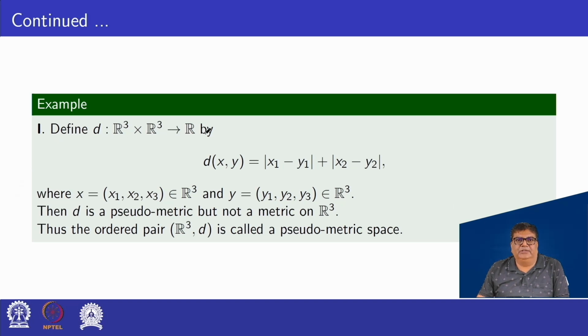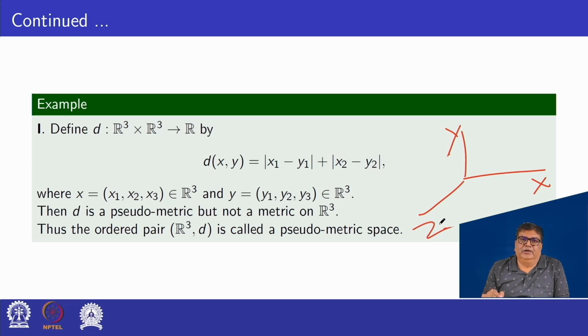consider the three-dimensional case. Define the metric d such that R cube cross R cube to R, defined as dxy is equal to modulus of x1 minus y1 plus modulus of x2 minus y2. This is the three-dimensional case, with x, y, z.